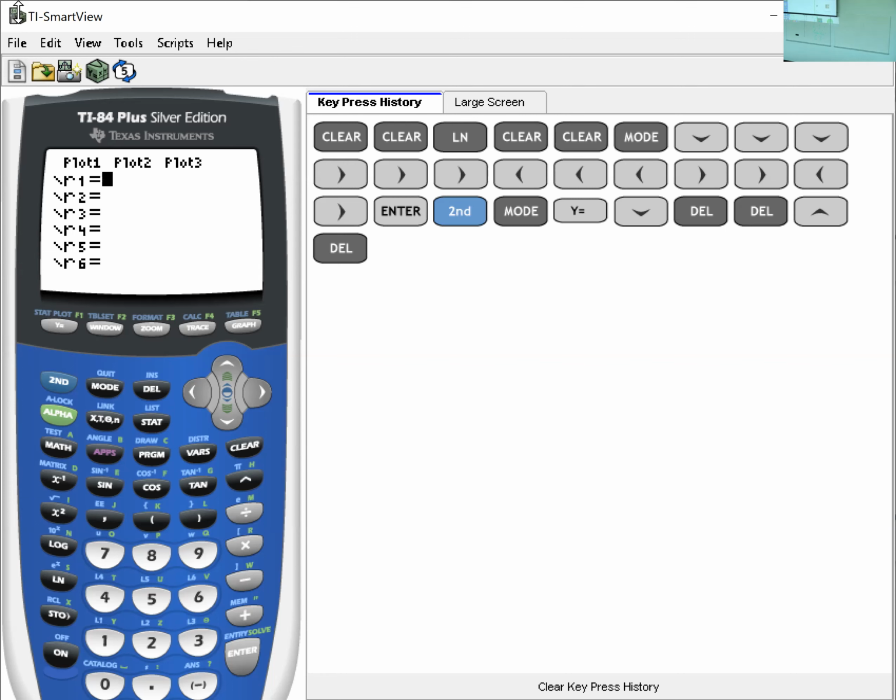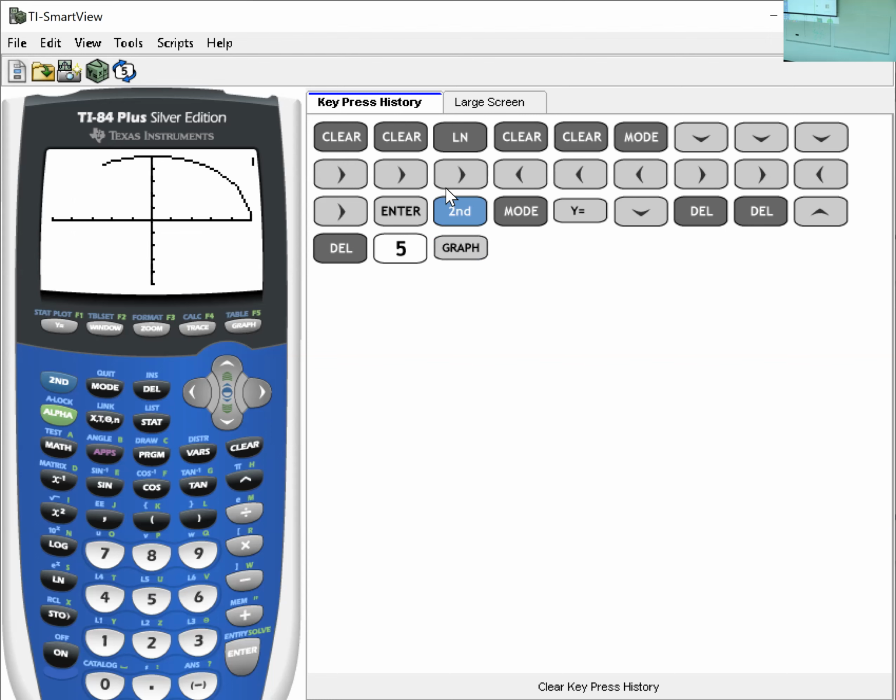On the first problem, x squared plus y squared equals 25, we learned that r ended up being just 5. So I'm going to type r equals 5.